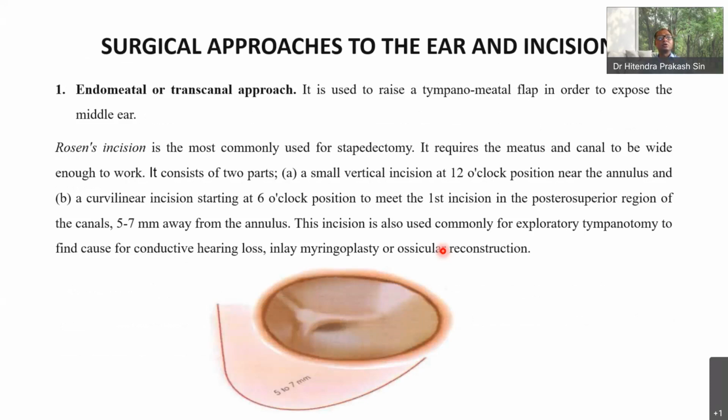The first surgical approach is endomeatal or transcanal approach. It is used to raise a tympanomeatal flap in order to expose the middle ear. As you can see, this is the tympanic membrane of the right ear. This is the handle of malleus, and you give an incision at 12 o'clock, going up to 6 o'clock in a curvilinear fashion.